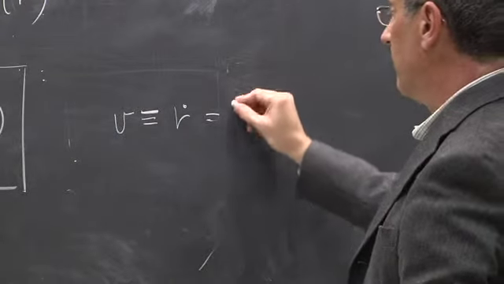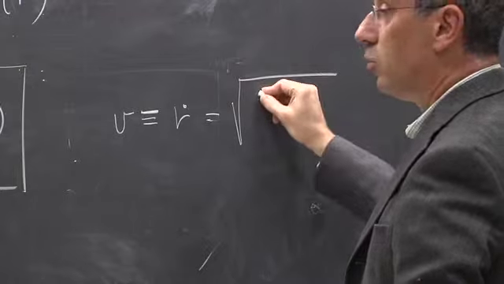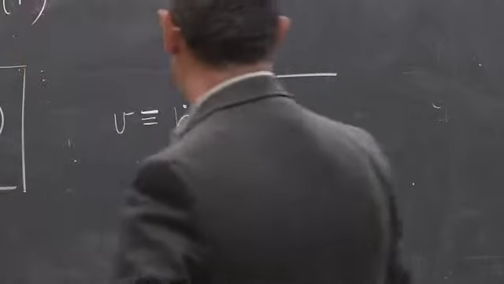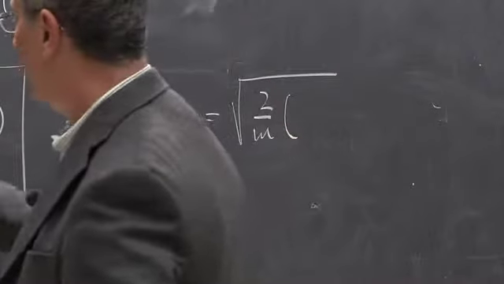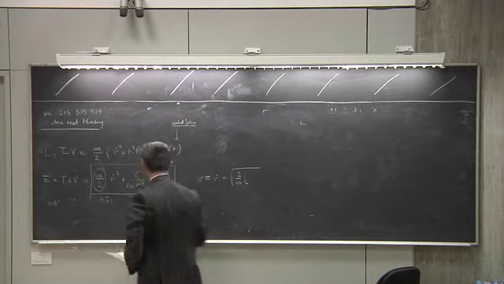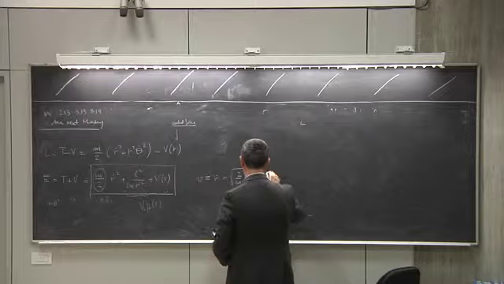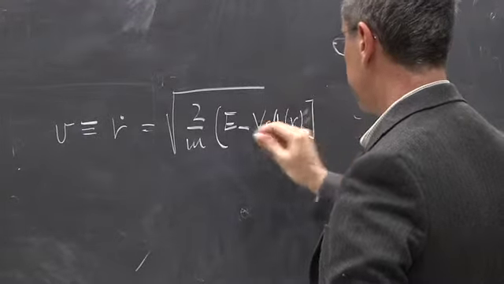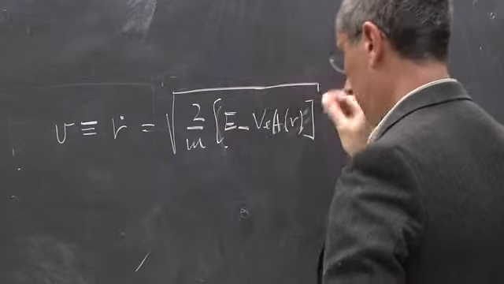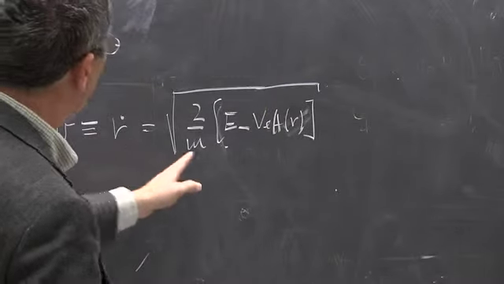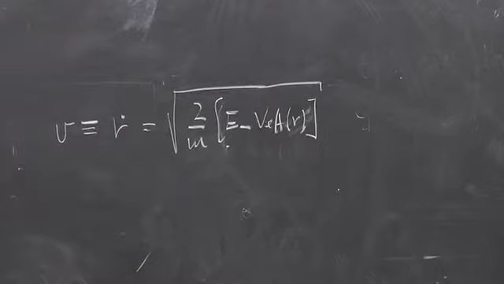And you see that this is just the square root of 2 over m, that is this term I have here, then I took the effective potential on the other side, so I have E minus the effective potential. So the velocity at each instant of time is given by this expression.